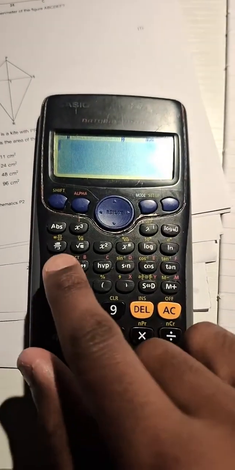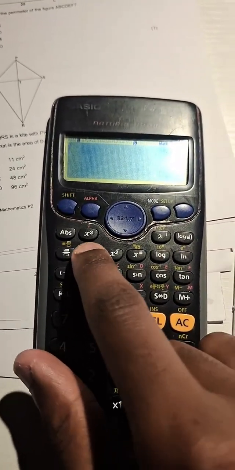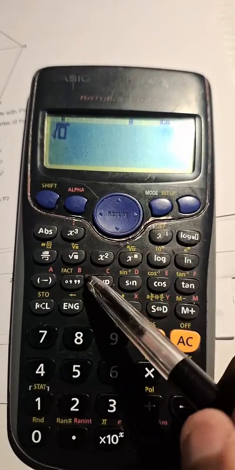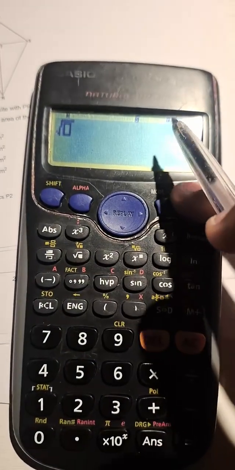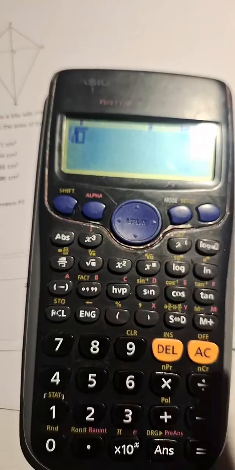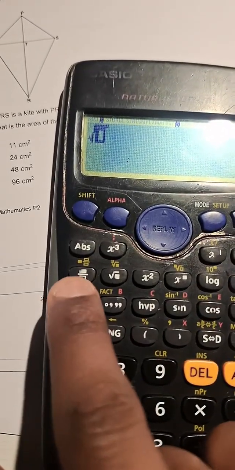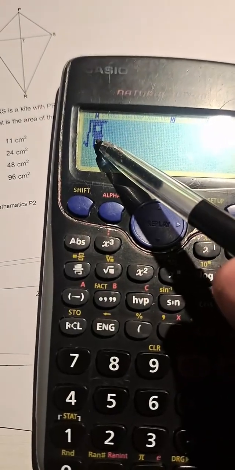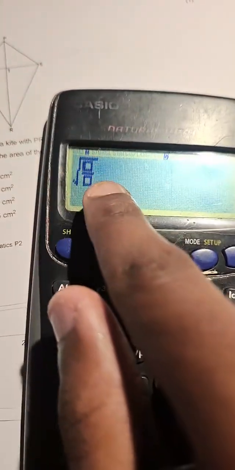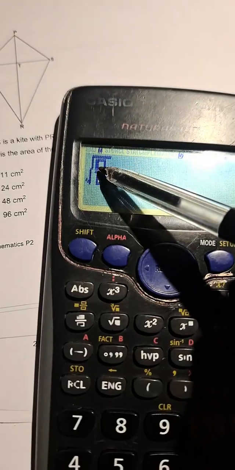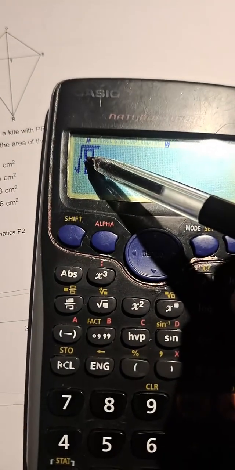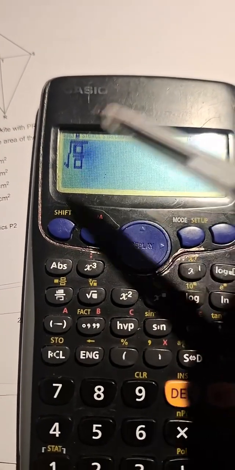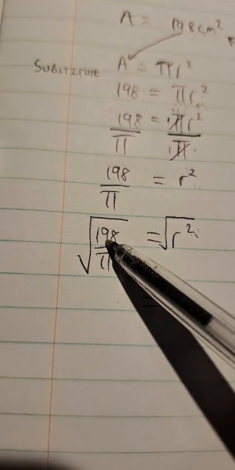Now I can comfortably go to my calculator and punch the square root symbol. Then I go to this button here, which gives me the option of having a fraction. At the top, I can see my little cursor, ready to insert the numerator value, which here has to be 198.